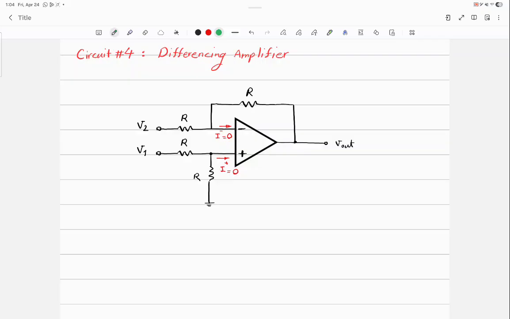V positive is 0? It's not. You could find V2 using V out and that resistance, like V out and V2.